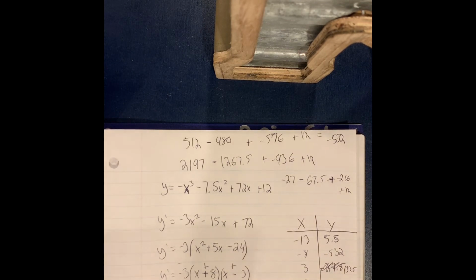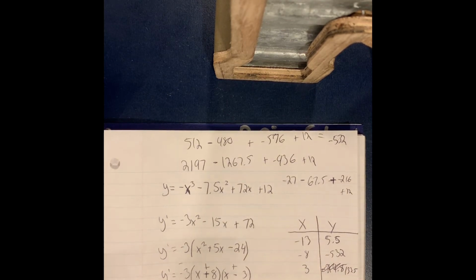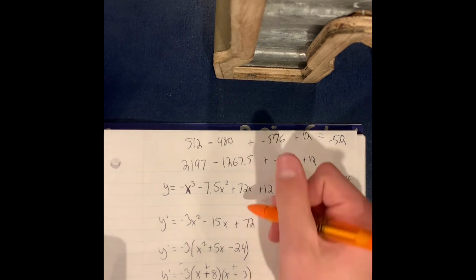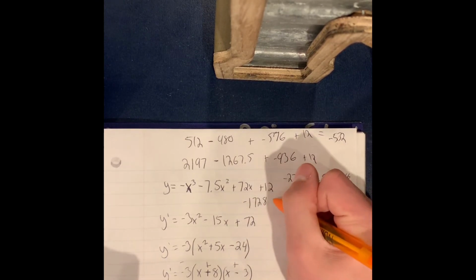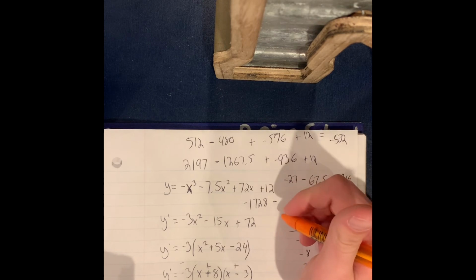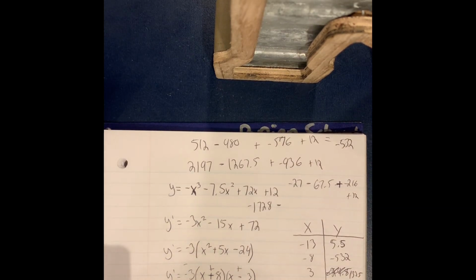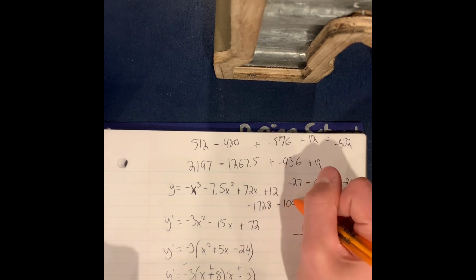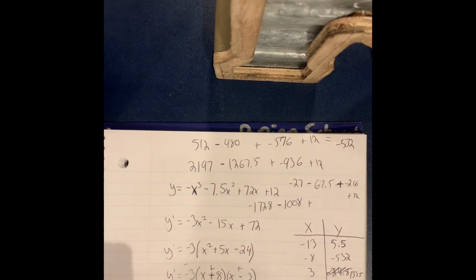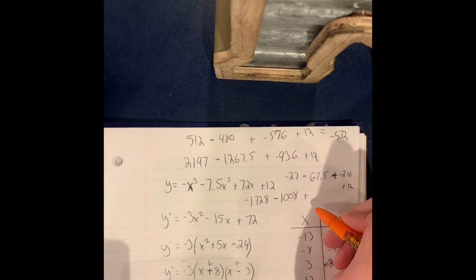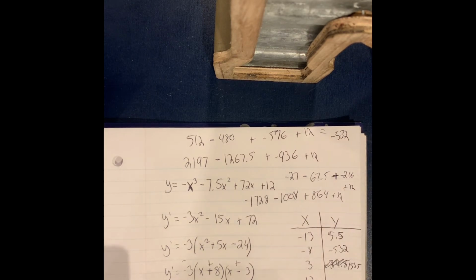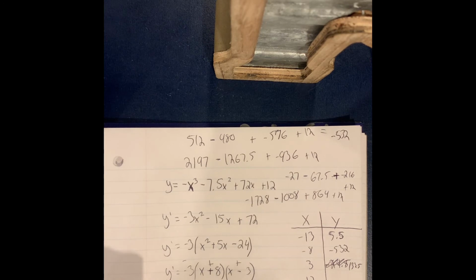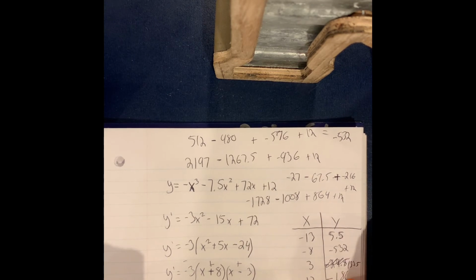And at 12, the last one, 12 cubed, 1728 minus 7.5 times 12 squared, minus 1008 plus 72 times 12, plus 864 plus 12 equals negative 1860.